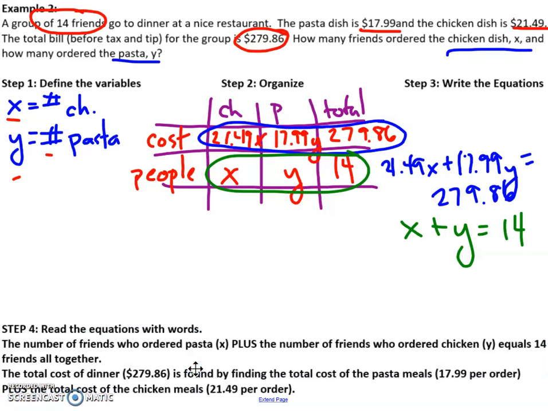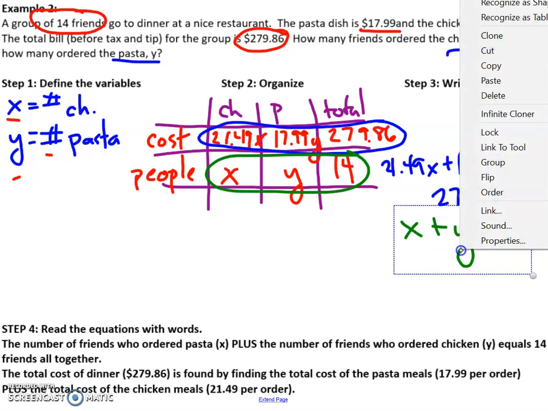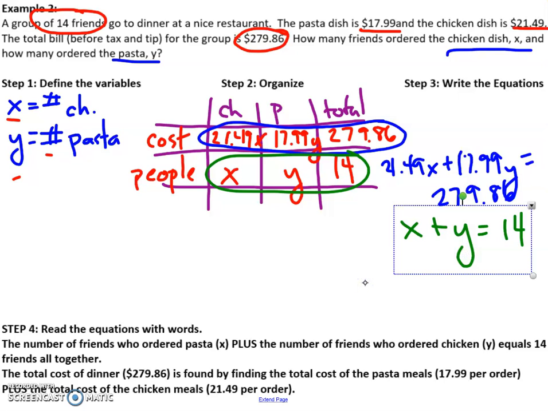Okay, read it and see if it matches our storyline. So I have in my equation right here the number of people who ordered chicken and the number who ordered pasta is 14. I need to fix that down there because I think I have my variables backwards.